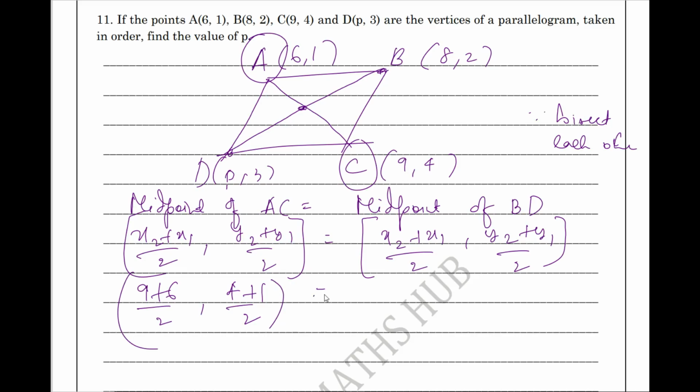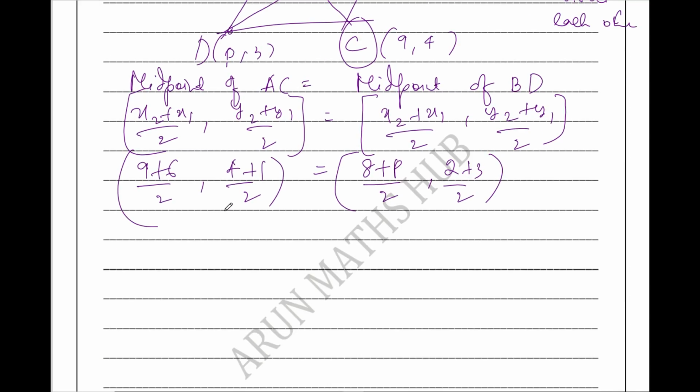In the same way, midpoint of BD is 8 plus p by 2 comma 2 plus 3 by 2. Now 9 plus 6 is 15 by 2 comma 5 by 2 equals 8 plus p by 2 comma 2 plus 3 is 5 by 2.